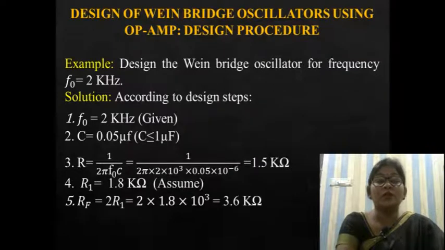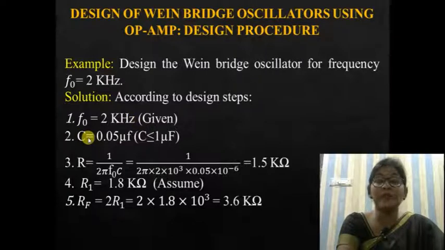Now, taking one example, design the Wien bridge oscillator for frequency f naught equal to 2 kilohertz. How do we design it? According to our design steps, the first step is f naught, which is given, so we consider f naught equal to 2 kilohertz.